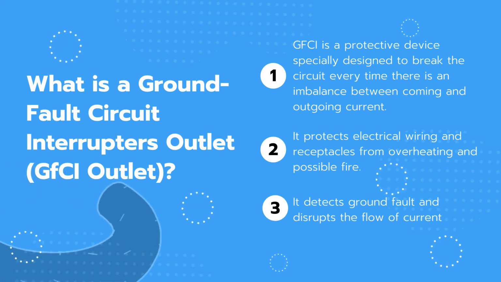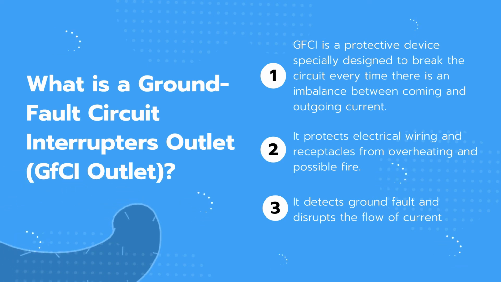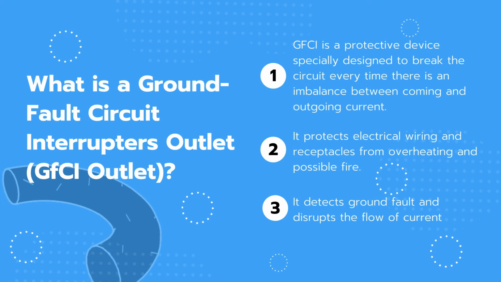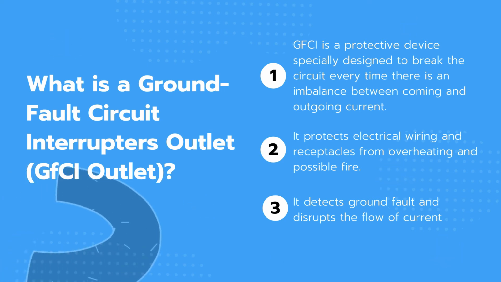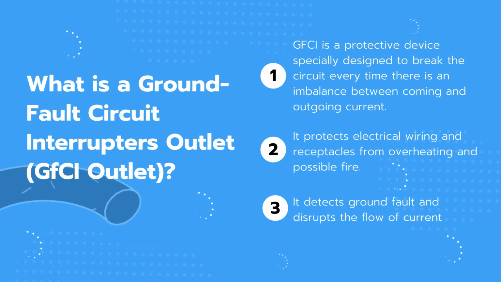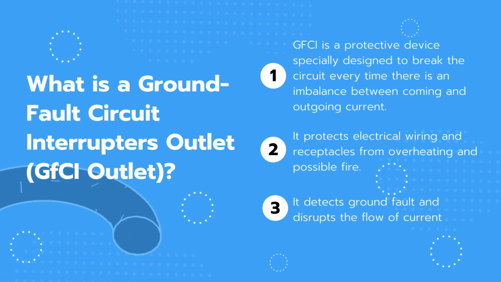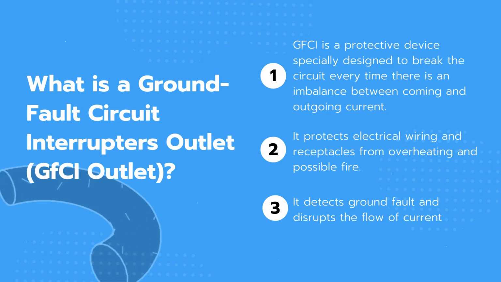It protects electrical wirings and receptacles from overheating and possible fire, greatly minimizing the risk of shock injuries and fatal burns. It also detects ground fault and disrupts the flow of current, but should not be used to replace a fuse as it does not offer protection against short circuits and overloading.